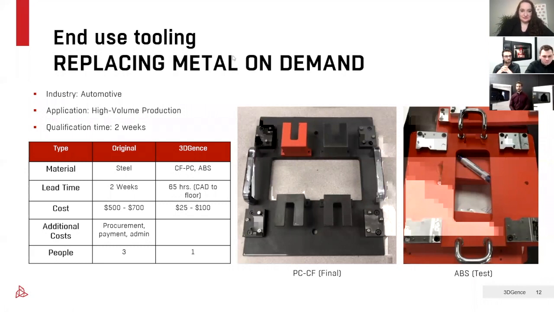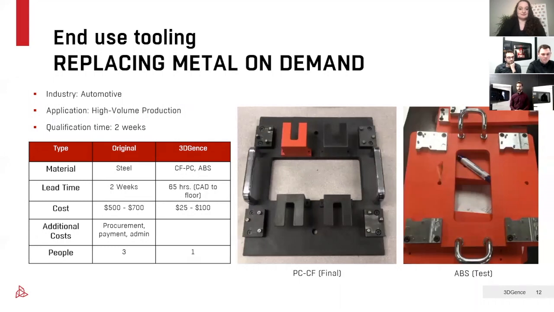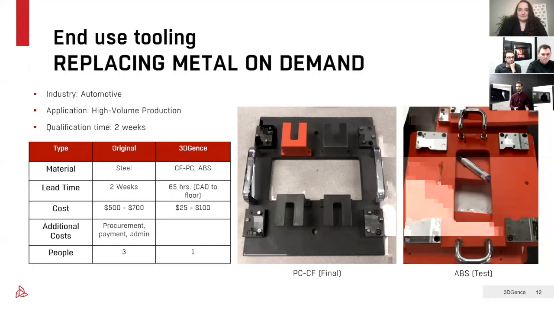So the second application that we want to present is actually replacing metal on demand. The customer has a part which we were manufacturing before in metal, and thanks to changing the process to 3D printing with advanced engineering materials, they were able to save not only $600 on this application, but also cut the lead time from 2 weeks to 65 hours.